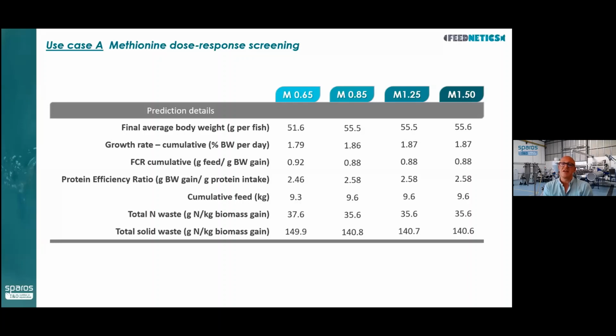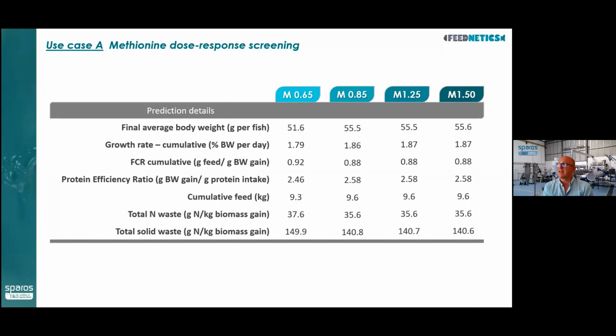These are just some of the indicators that you can see from FEEDNETICS. There are many more, a few more of which Philippe will show you tomorrow in the presentation of the app.